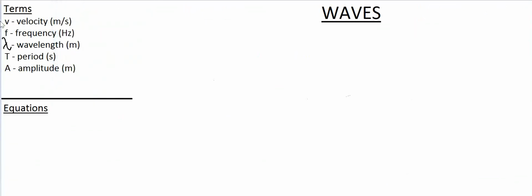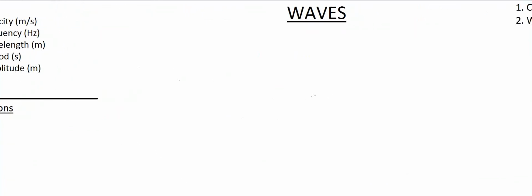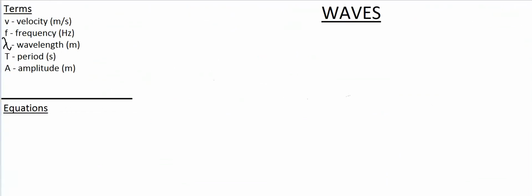Okay, so here are the terms, and next I'll be explaining the equations I should put here. Note v is the velocity, which is the speed of the wave. f is frequency, in hertz. Wavelength is represented by the Greek letter lambda.